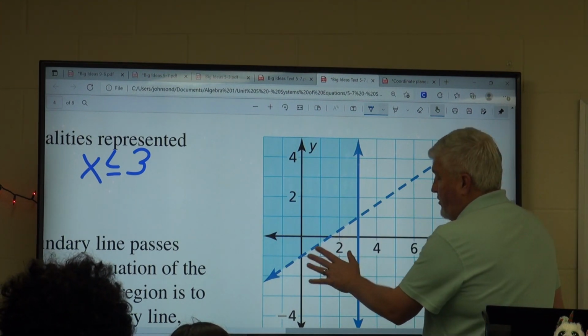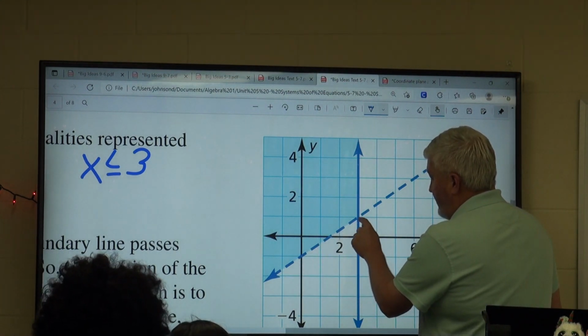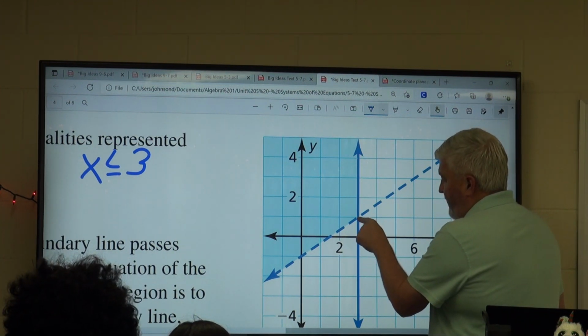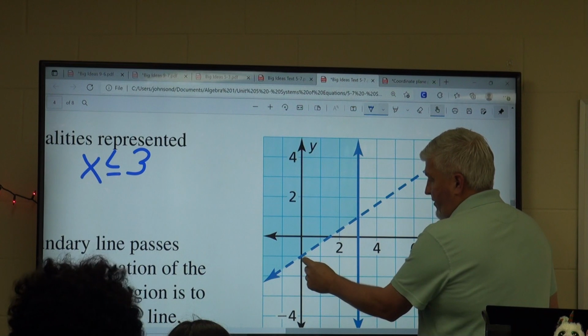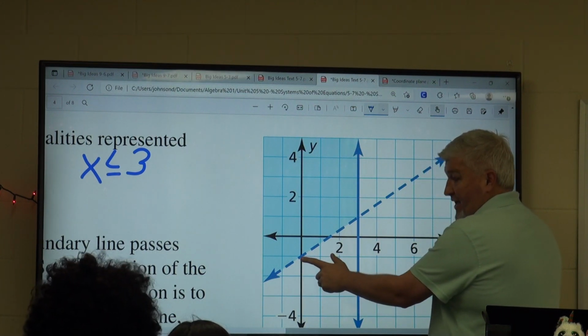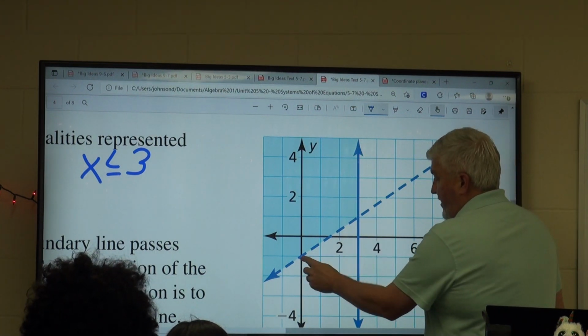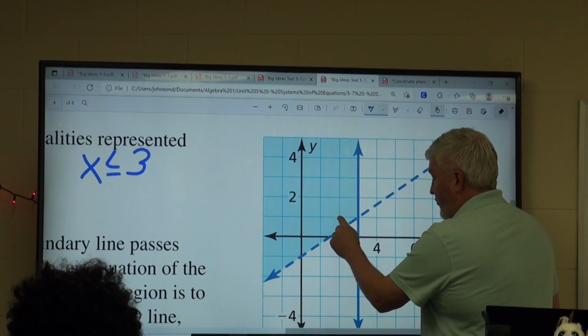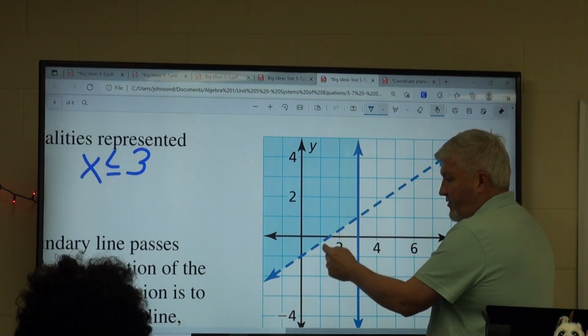The other one, what I look for here is where does it cross? It crosses right there, okay? First of all, let me back up. My y-intercept here is -1. Then the next time it crosses is up here. It goes up 2 and over 3. So that's my slope, up 2 over 3.